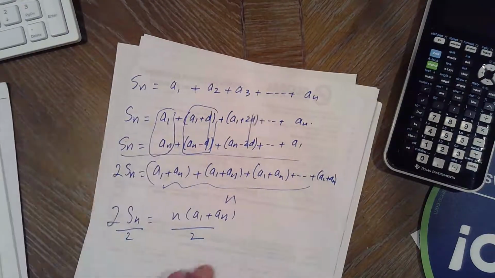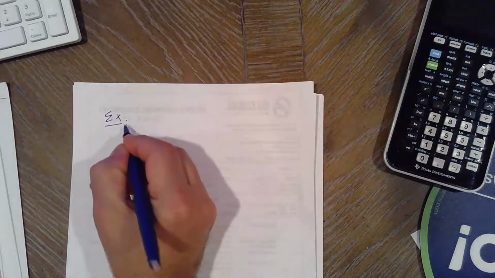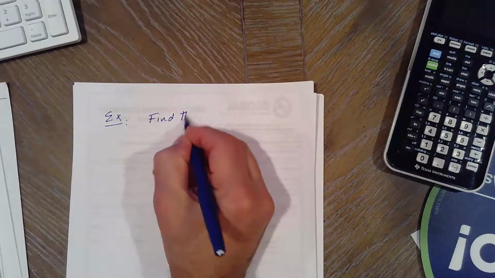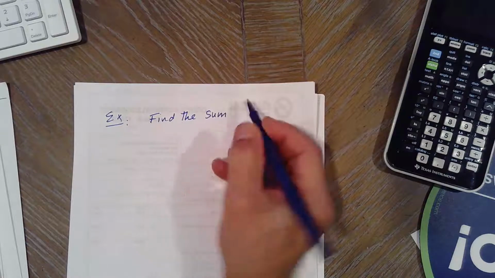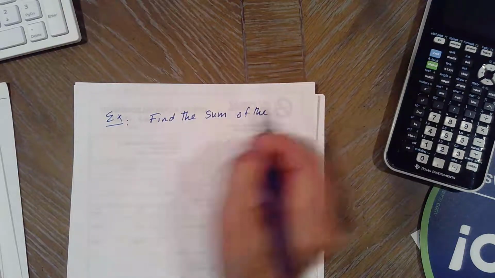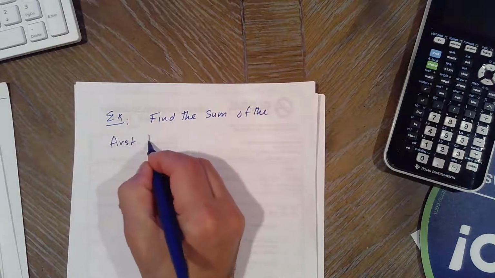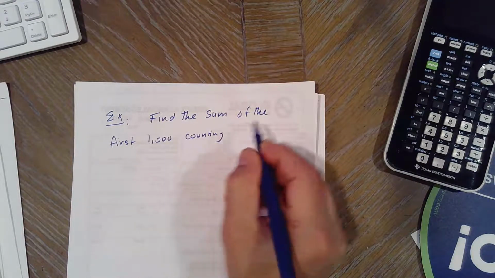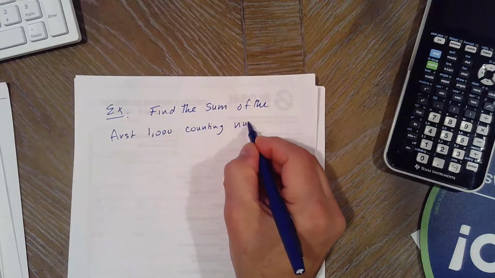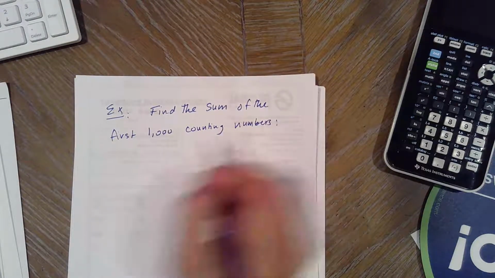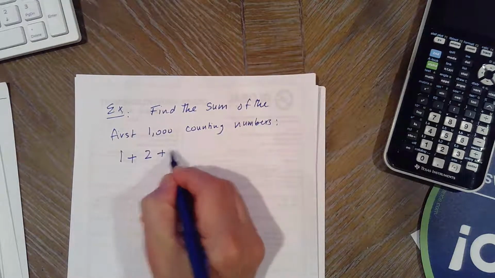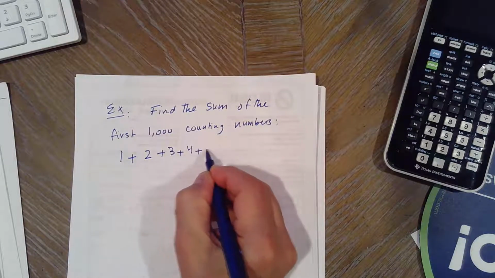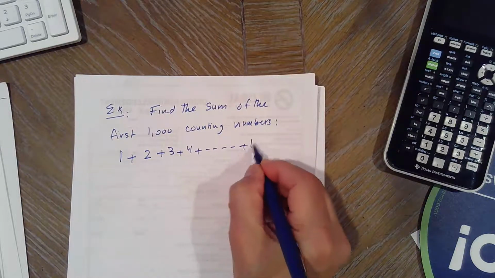So here, when it says find the sum, for example, find the sum of the first 1000 counting numbers. So basically, how do we add? Of course, we can do it on the calculator. It will take us a while.